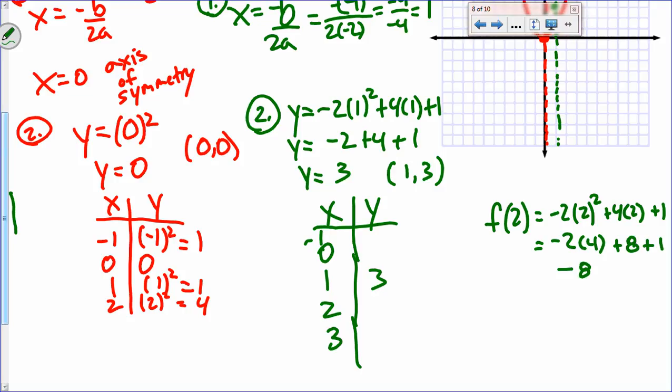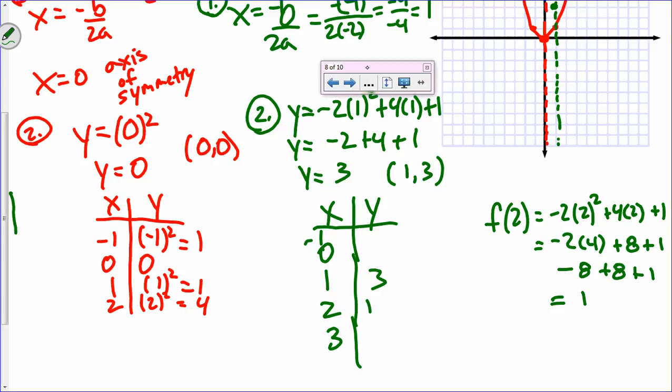So -8 plus 8 plus 1 simplifies to 1. So y equals 1, and (2, 1) is a point. All right, well then, by our axis of symmetry, (0, 1) should be a point.